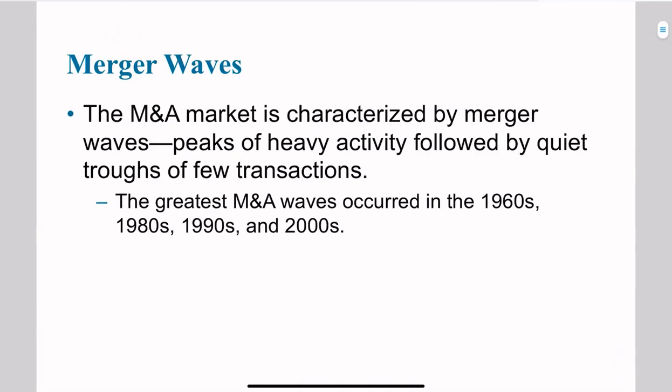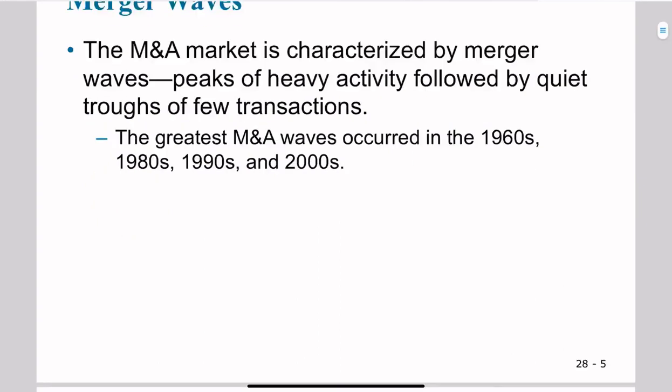The M&A market is featured by merger waves. That is, you can see waves of merger and acquisition activities. Generally, you will see very large volume during the peak, and then very few transactions in the trough. The largest merger waves occurred in the 1960s, 1980s, 1990s, and 2000s.